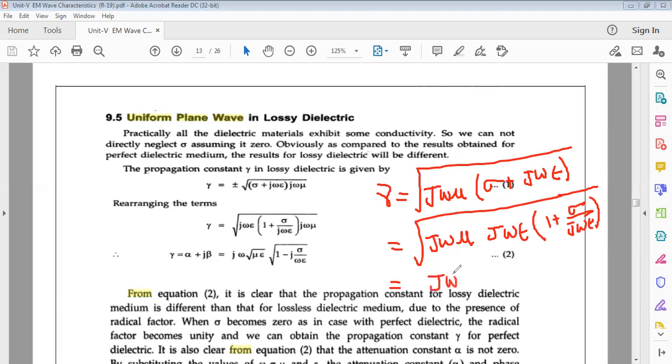Writing outside j omega under root of mu epsilon, and another under root of 1 plus sigma by j omega epsilon. And this gamma is nothing but alpha plus j beta. From the equation, it is clear that the propagation constant for the lossy dielectric medium is different from that of the lossless dielectric medium.